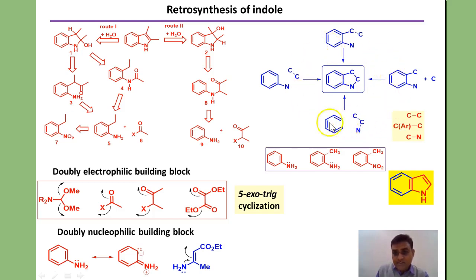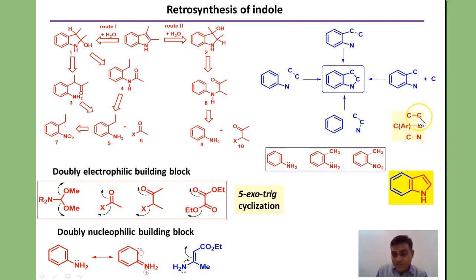Now, in the synthesis of indole, we'll come across carbon-carbon bond forming reactions. We'll come across a Friedel-Crafts variety, that is a carbon-carbon bond forming reaction, and another one is carbon-nitrogen bond formation. So, if we are good at the fundamentals of carbon-carbon bond as well as the Friedel-Crafts variety as well as carbon-nitrogen bond forming reactions, then it is very easy to understand the synthesis of indole.